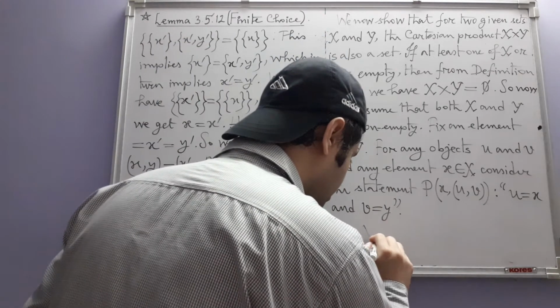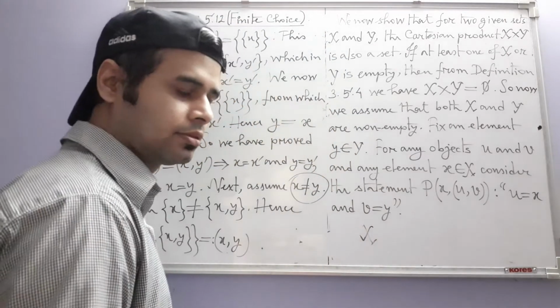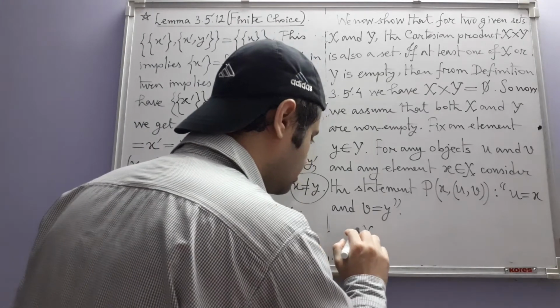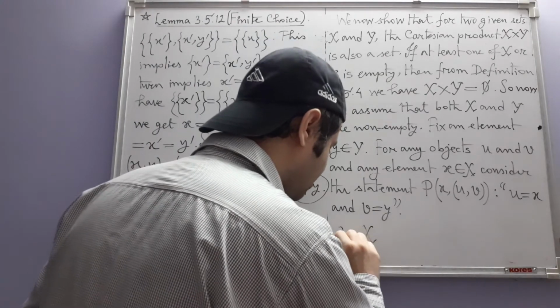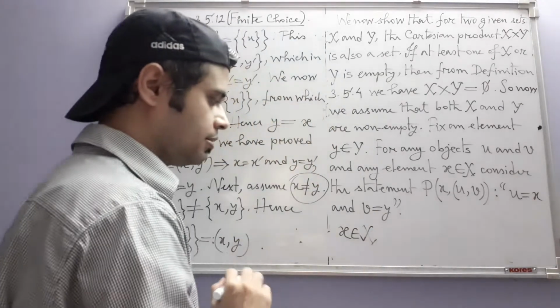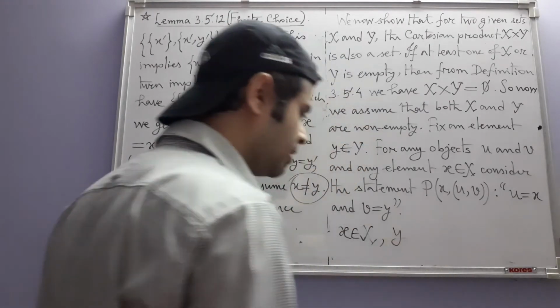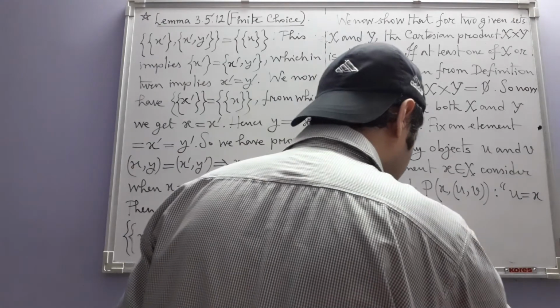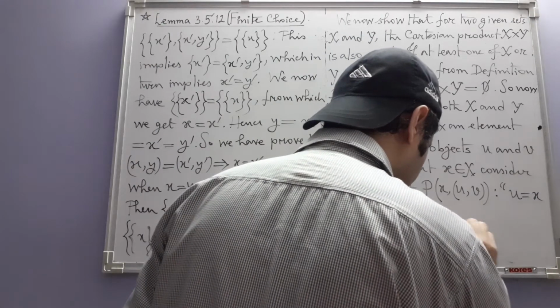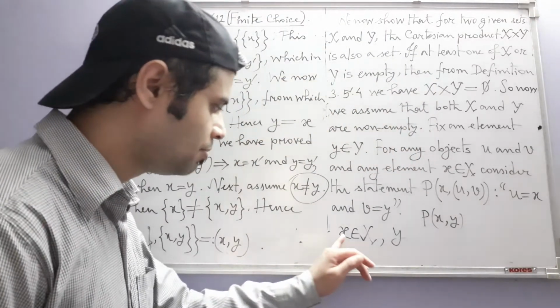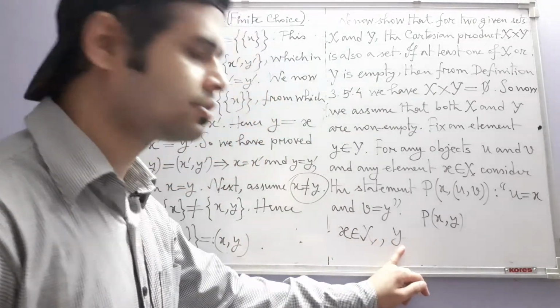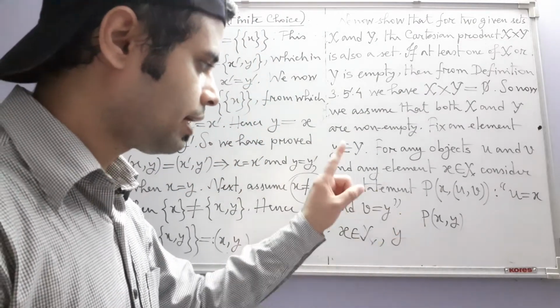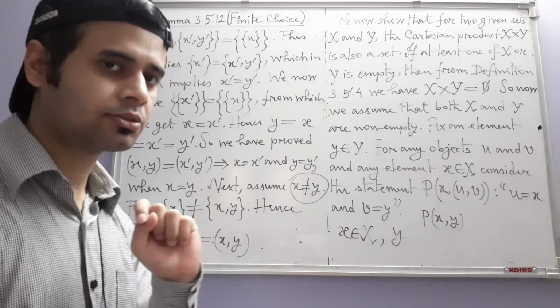Suppose we are given a set, and for every element x in this set and every object y whatsoever, coming from where we don't know, there exists a statement P(x, y) that depends on this element and this object, and this statement satisfies one condition.